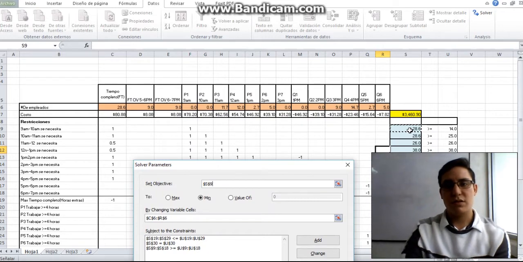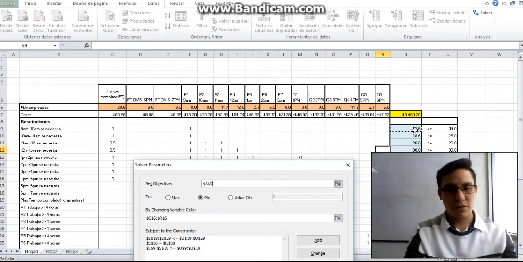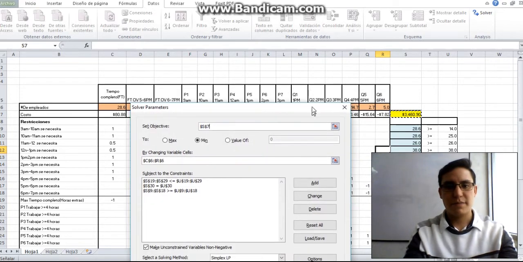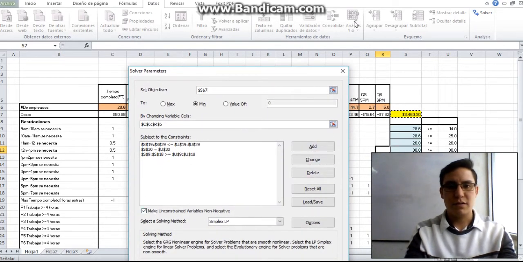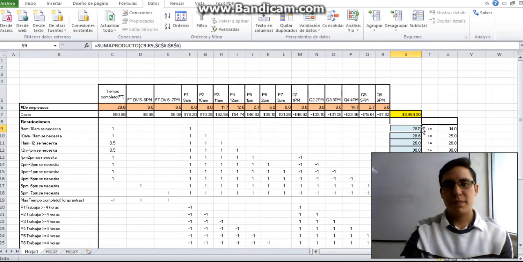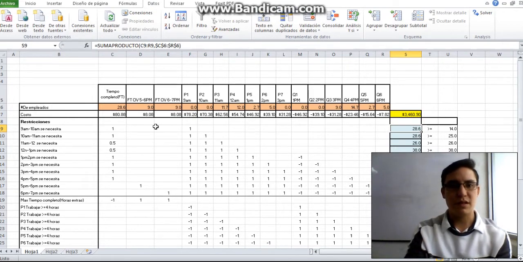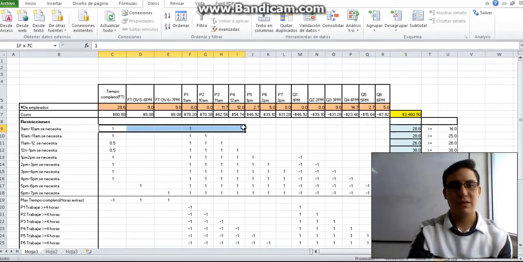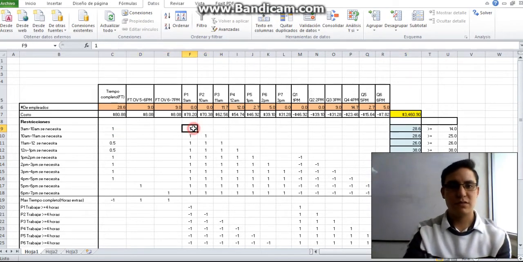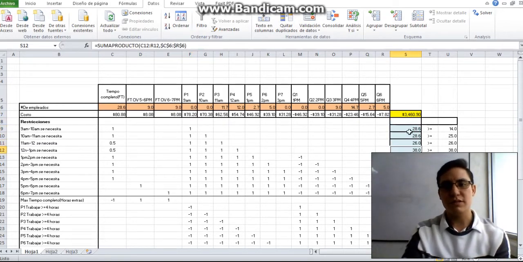I use this function, SUMPRODUCT, for these cells, and the same with the other constraints.